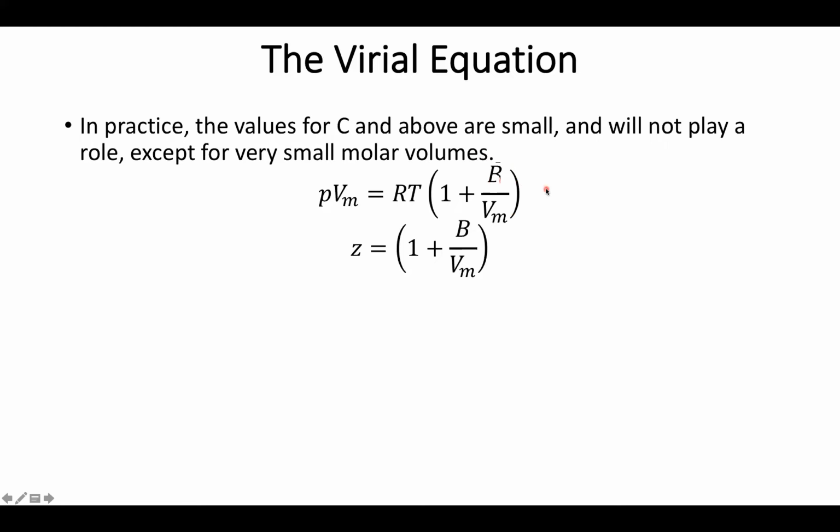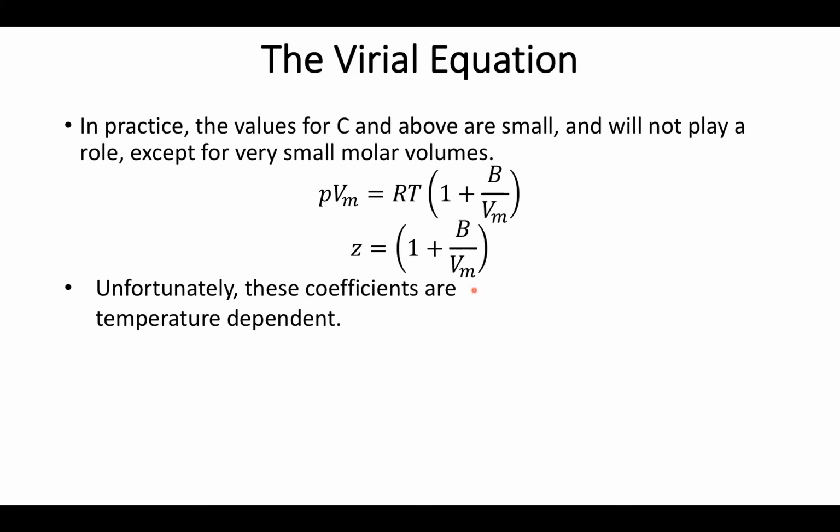Now we run into a slight problem, because it turns out that what I have is a Z that will change with the molar volume. And that's actually exactly as we would expect. But it turns out that our Z should also change with temperature. So we run into a slight problem in that my virial coefficient, in this case B, should be temperature dependent.